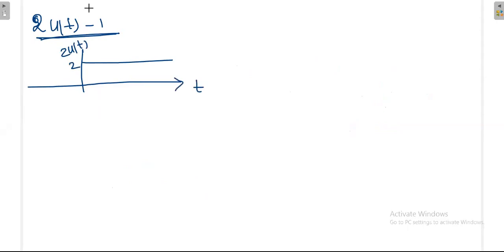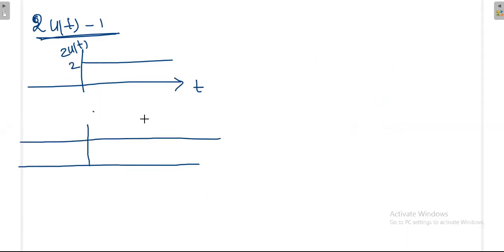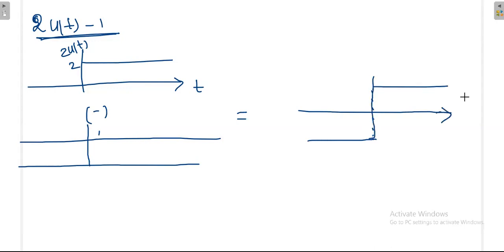Then minus 1, simply you have to subtract 1. Now 0 minus 1 is always minus 1, and 2 minus 1 is always plus 1. Then you are getting the signum function.